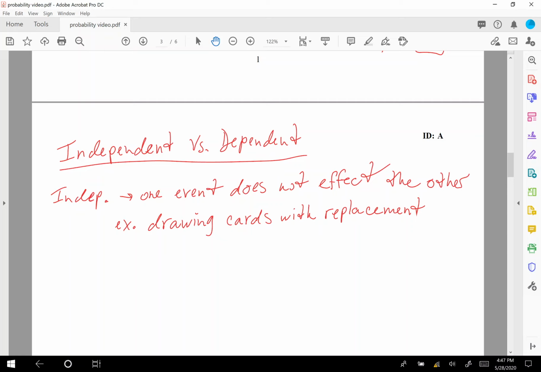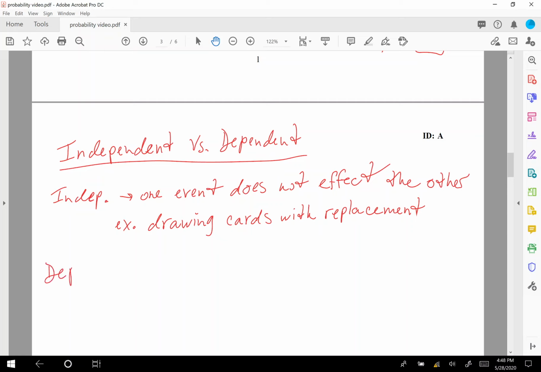Or for example, if I take something out of one container, and I have two containers, the probability of me drawing one thing from the first container is not affected by the other container because they're not together. They're separated.